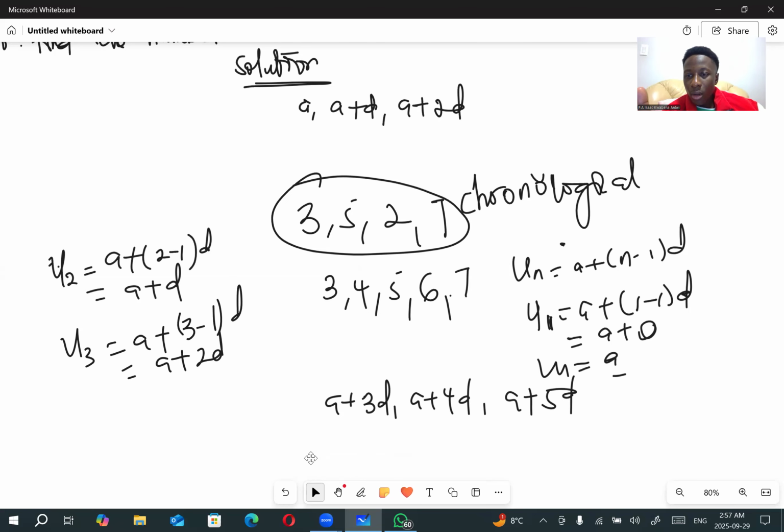Now, if you read the question and it says in an AP, the first three or the starting three consecutive terms have sum 15 and product 18, they are referring to the introductory terms.